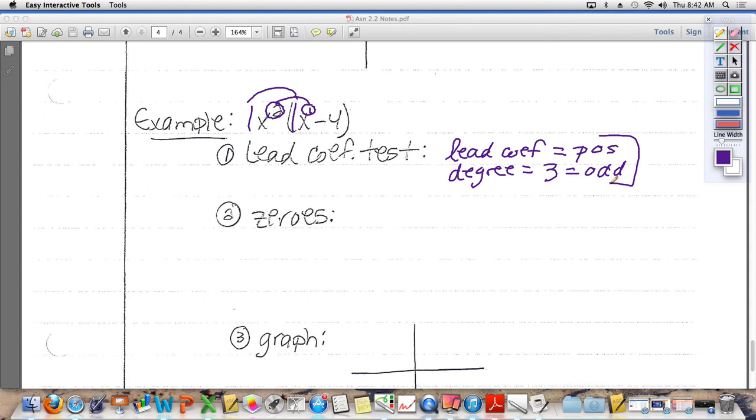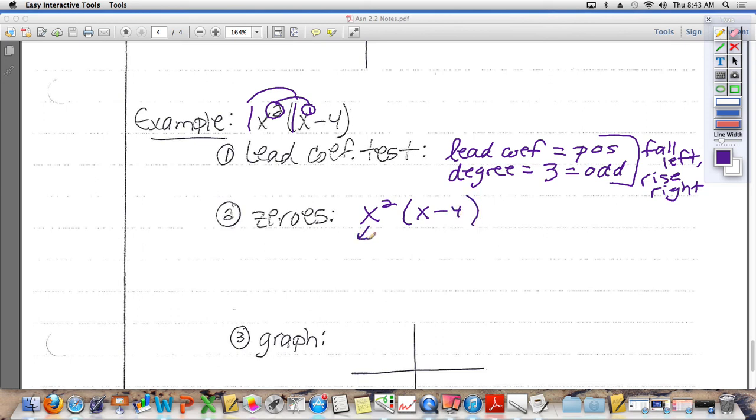It's going to fall to the left, and it's going to rise to the right. Fall left, rise right.